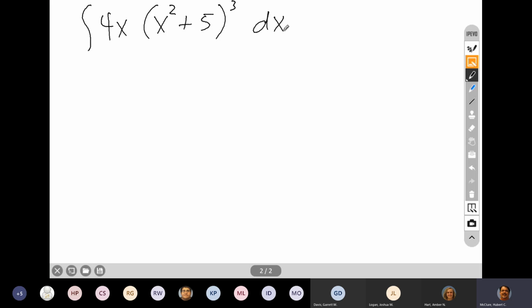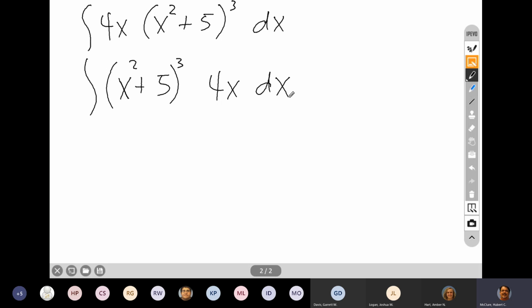So, the antiderivative of (x squared plus 5) to the 3rd power, 4x dx, and I might have to put a blank right here because I don't know yet. I've got to see. So what is u?